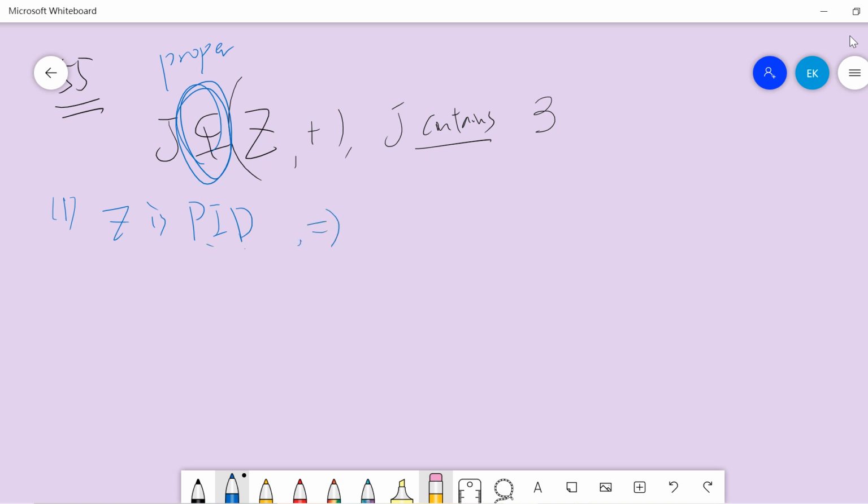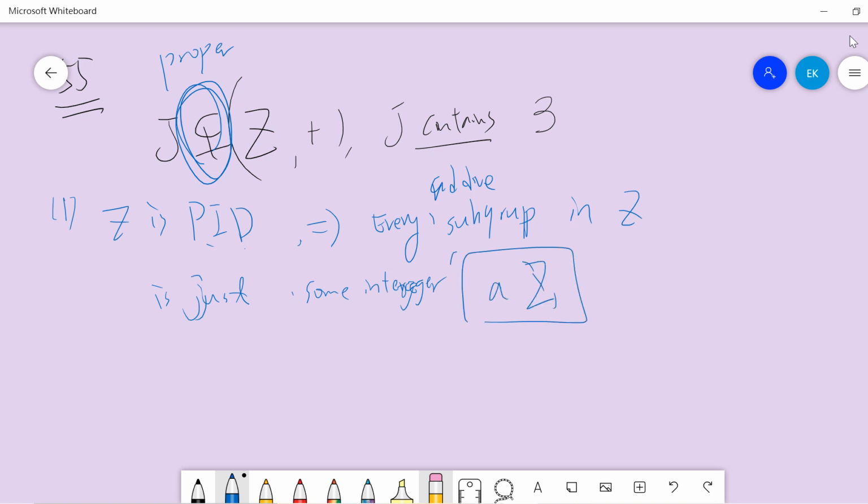Basically, every additive subgroup in Z is just some integer A times Z. So what I'm saying is that the only subgroups in Z are like the integers divisible by 2, or divisible by 3, or divisible by 4. Basically, these are all the subgroups.